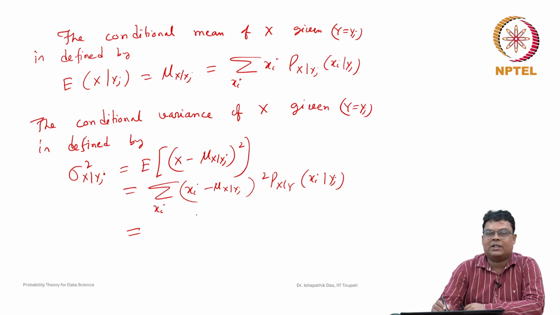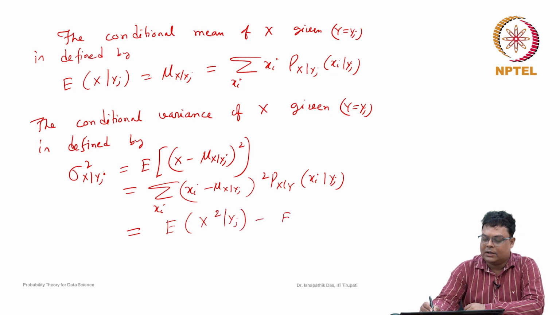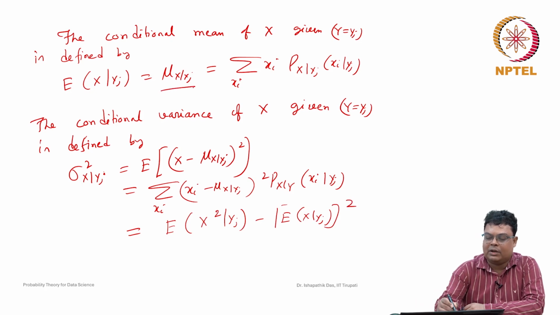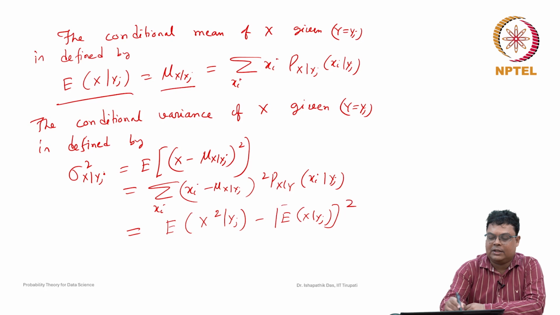Here for conditional probability mass function cases also it will be followed similarly. So it is nothing but the second order raw moment, x square given yj, minus the expected value of x given yj, whole square. The expected value of x given yj we already denoted here.